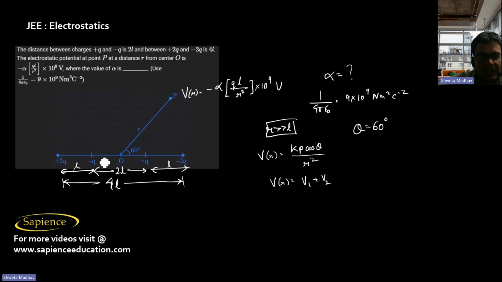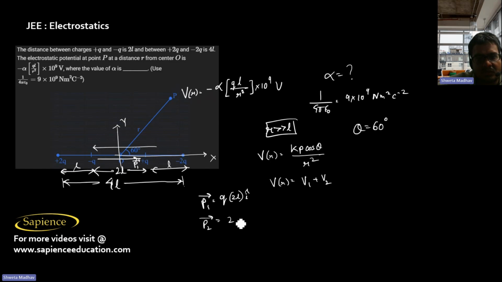So the first dipole P1 is like this. Let's say this is the x-axis and let's say this is the y-axis. Then P1 vector is equal to q into 2L into I cap, and P2 vector is from minus 2q towards plus 2q.